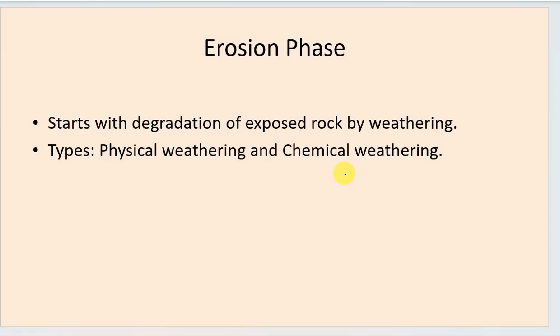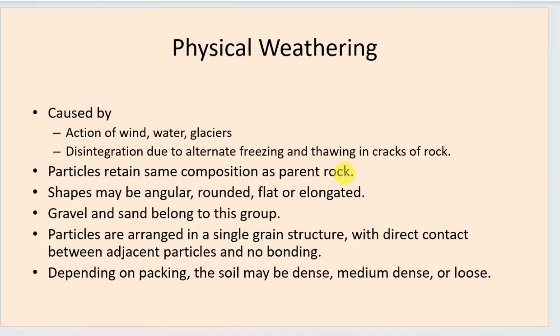So let's discuss the two types of weathering one by one. First one is physical weathering. In physical weathering, rocks break into smaller particles without changing their chemical composition. This may happen due to wind action, water action, glacier movement, and alternate freezing and thawing in rock cracks.